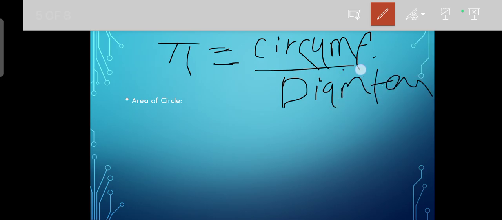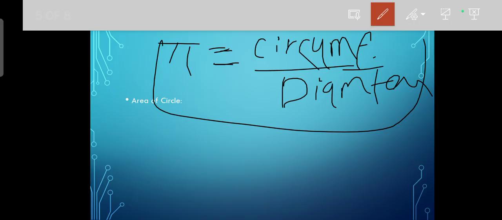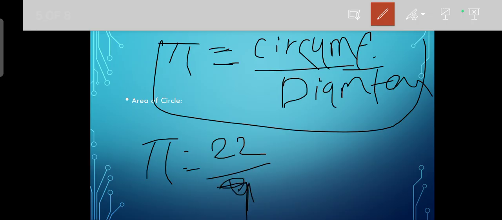If someone asks you what is pi, you can define it like that. Pi is equal to the ratio of circumference of circle and the diameter of the circle, and the value of pi we always put as 22 upon 7 or 3.14.